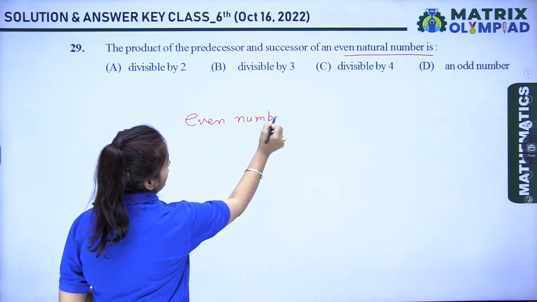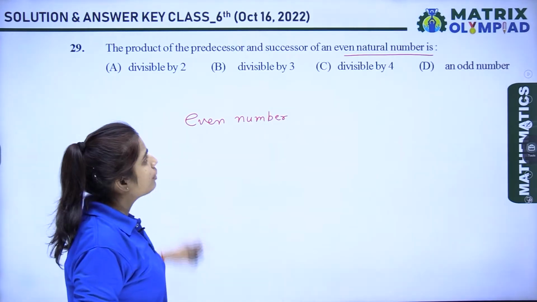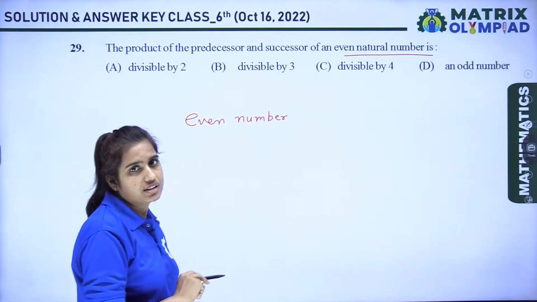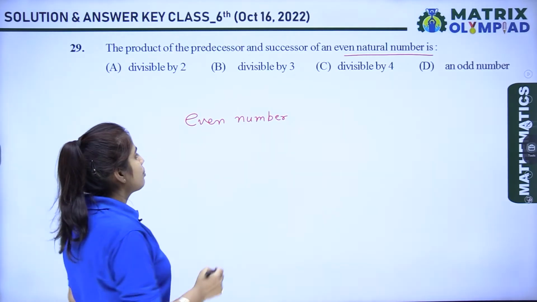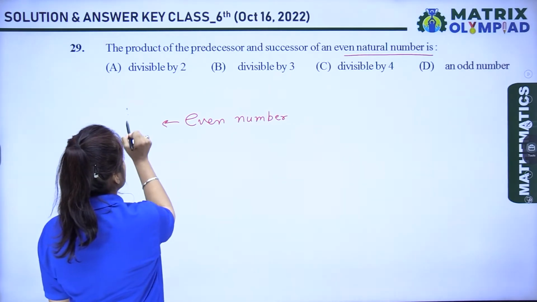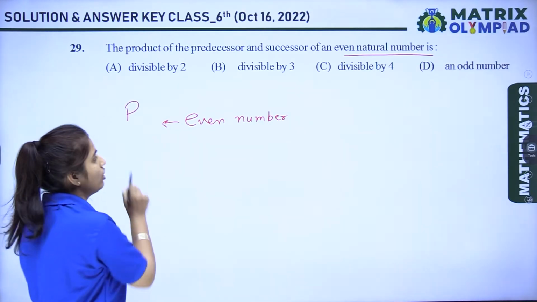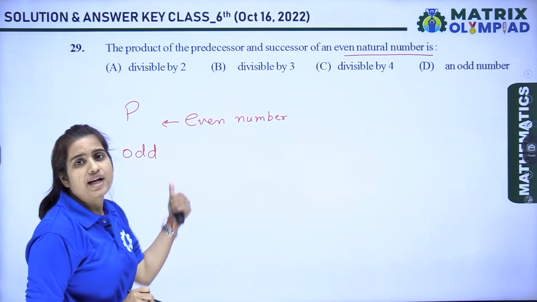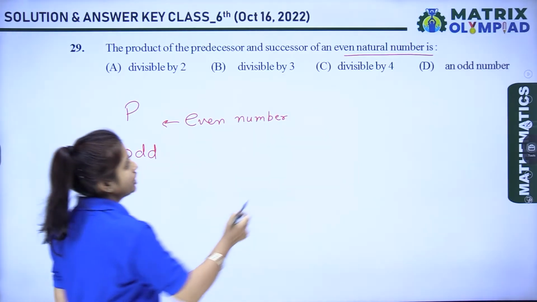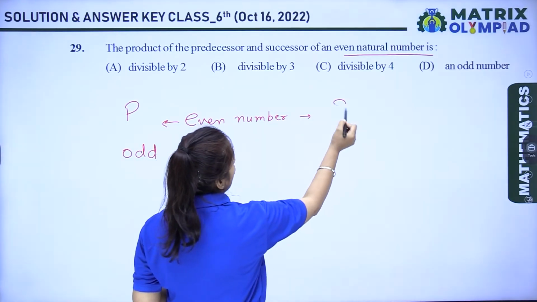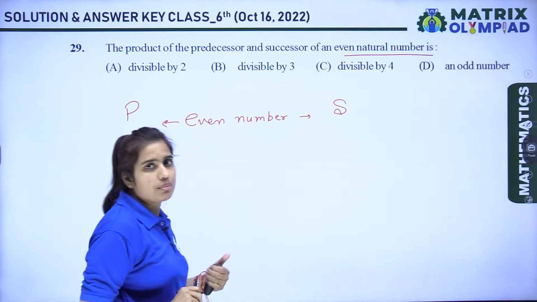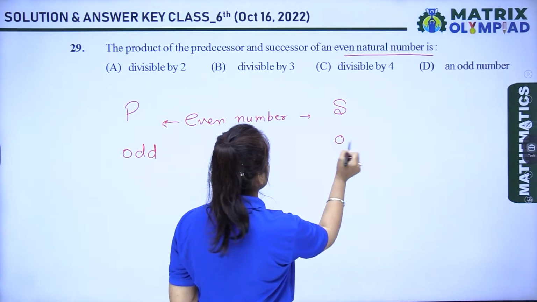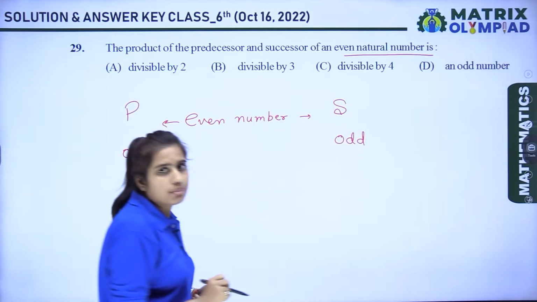The predecessor of this even number is an odd number, because if it is an even number, minus 1 will give us an odd number, and if we add 1 to the even number, we will get again an odd number. So the successor of this even number will also be an odd number.